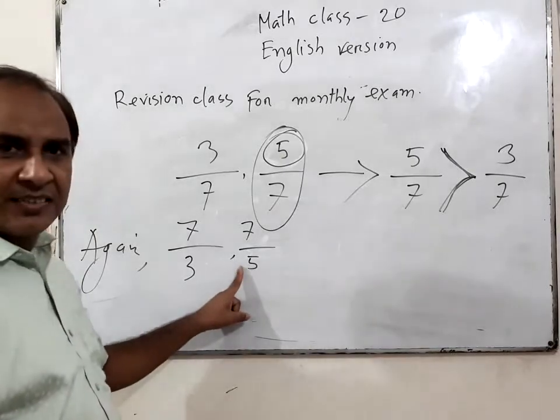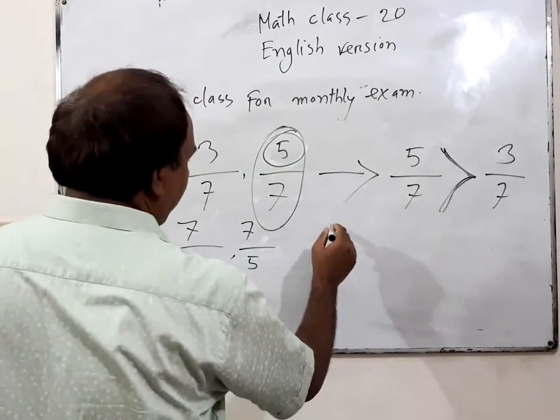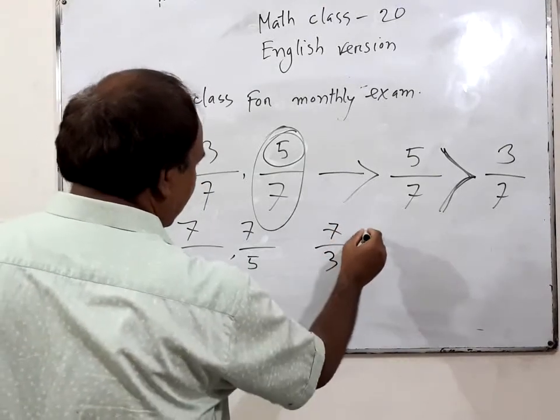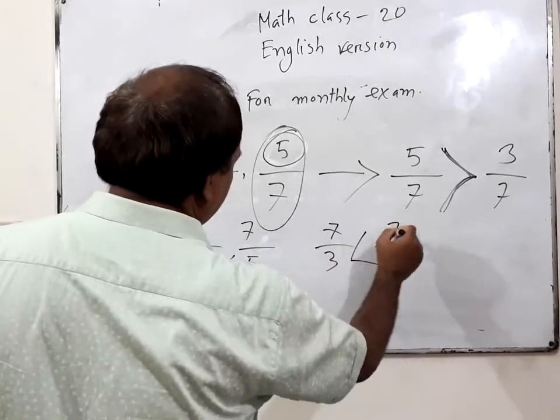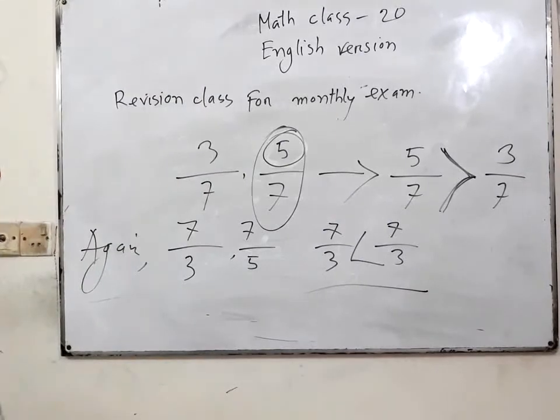This denominator is greater, so this is the lesser. So 7 by 5 is less than 7 by 3. These two formulas we have to keep in our mind.